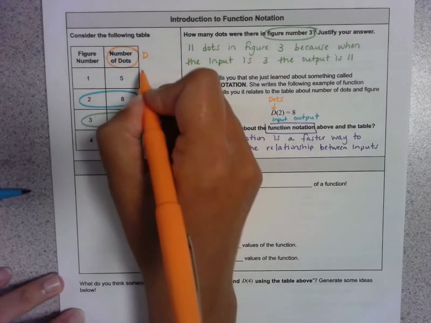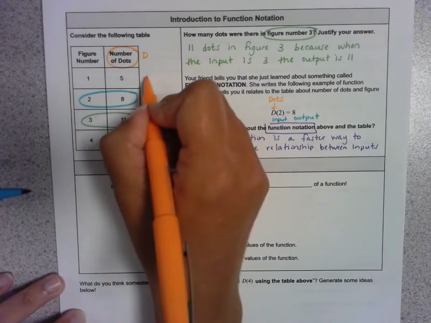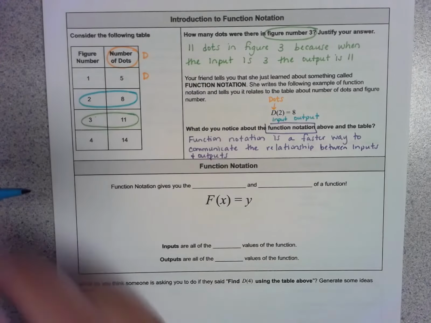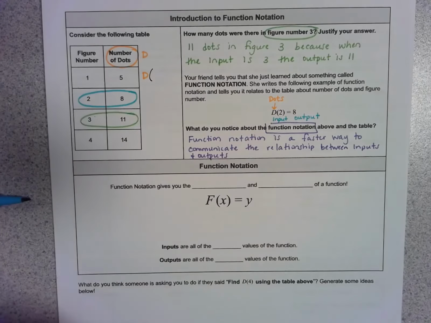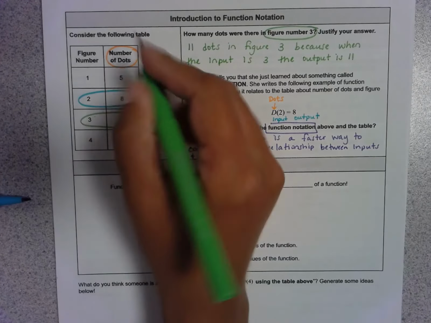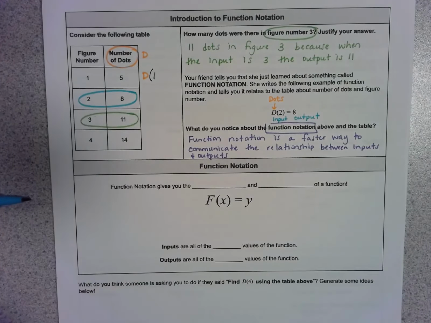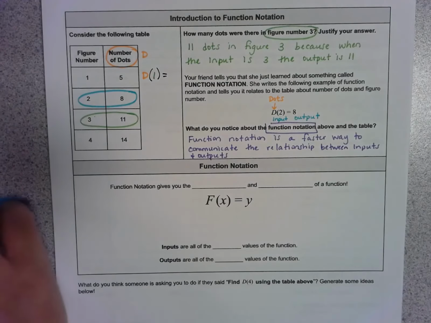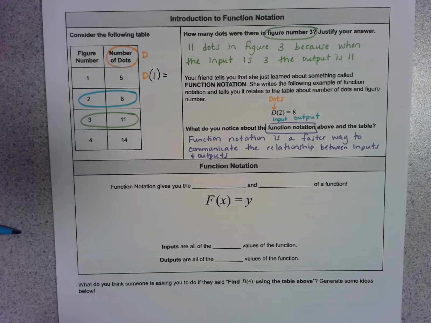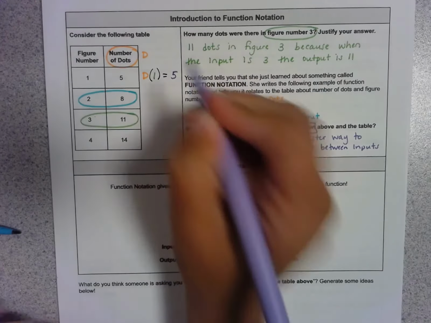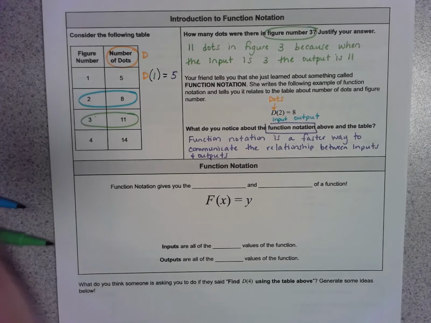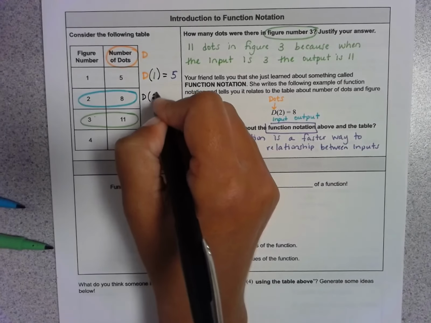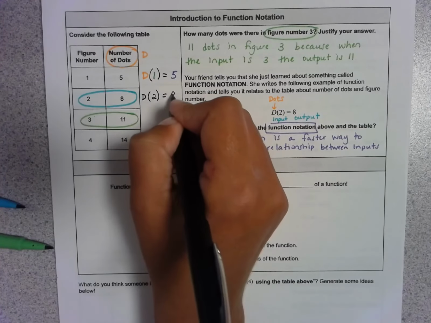Since we're counting the number of dots, for this first relationship, 1 and 5, we could say the number of dots in figure 1, and you'll notice that the 1 is the input, is equal to 5, which is the number in the output column. For the second relationship, we could say the number of dots for figure 2 is equal to 8.